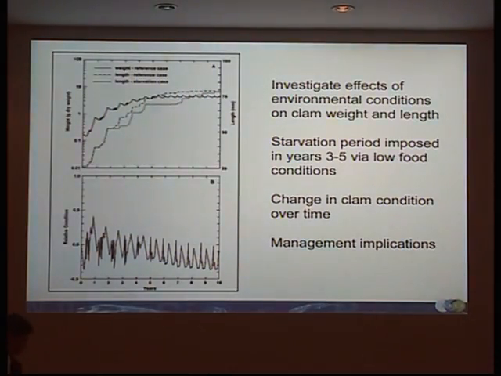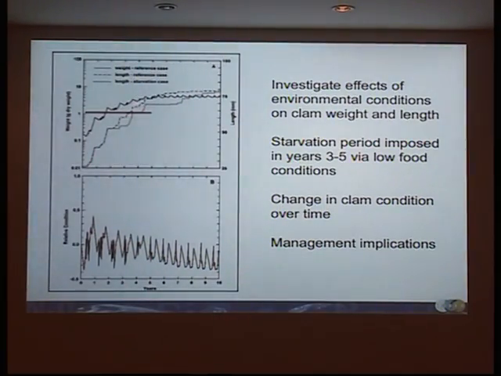But the management part of this is that if you look here, this is an animal that's 1 gram, and in this simulation, it reaches that weight and length in about two years. Turns out this is about the size that they start harvesting these animals. During the starvation period, an animal didn't get to 1 gram until about 1.5 years later.